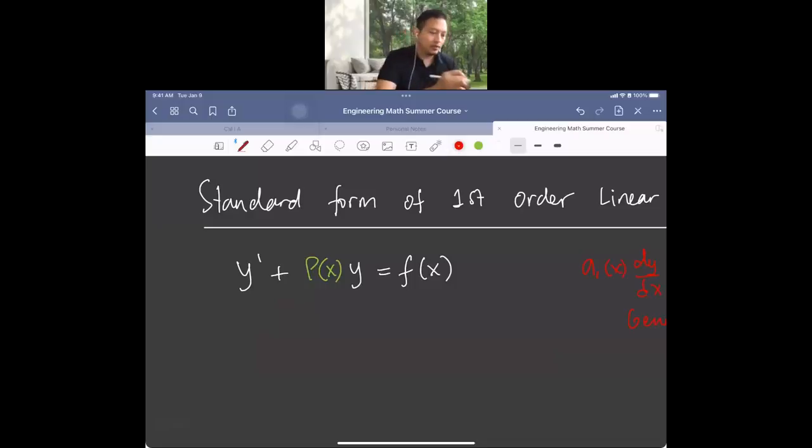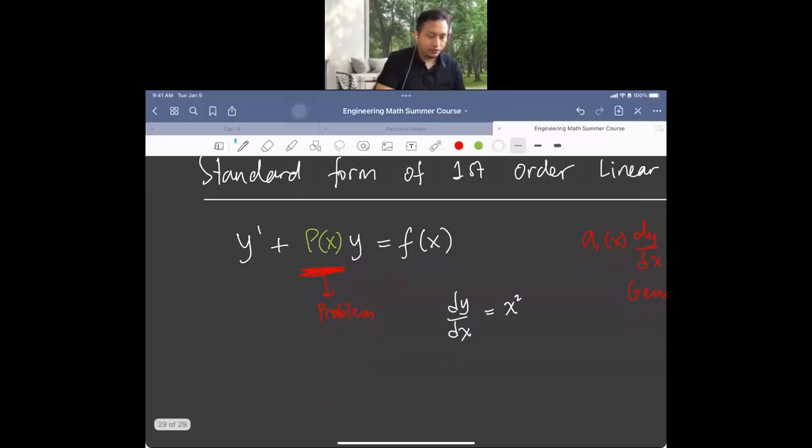Okay. Now from this standard form, this p of x, if you think clearly, this is a problem, right? Let's say if we have dy dx just equal to x, or x squared, we can just integrate both sides, and we get the answer.